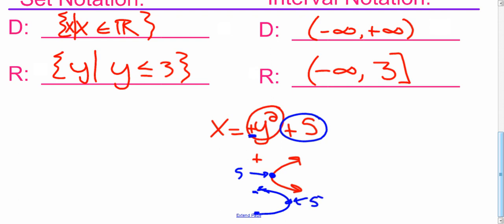Sorry, but they're not. For the red one, my domain would go from 5 to infinity, and my range would be all real numbers. On the blue one, my domain would go from negative infinity to 5, and my range would be all real numbers. So you might want to just write that down so that you have that in your notes, okay? And that should do it for this lesson.